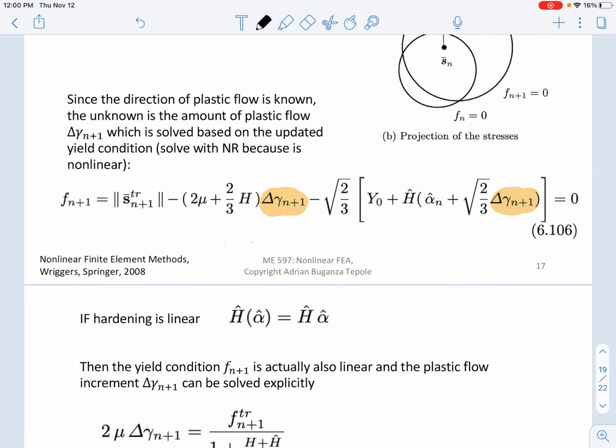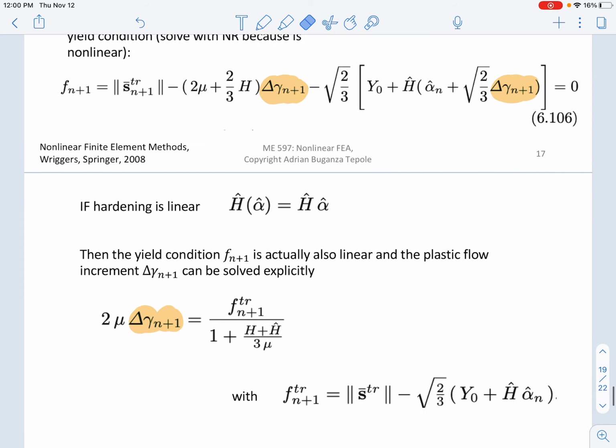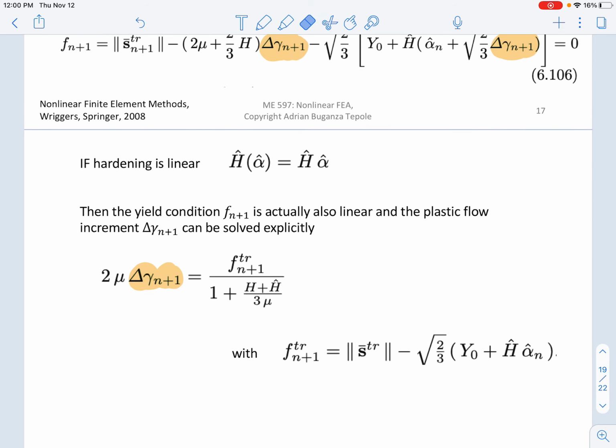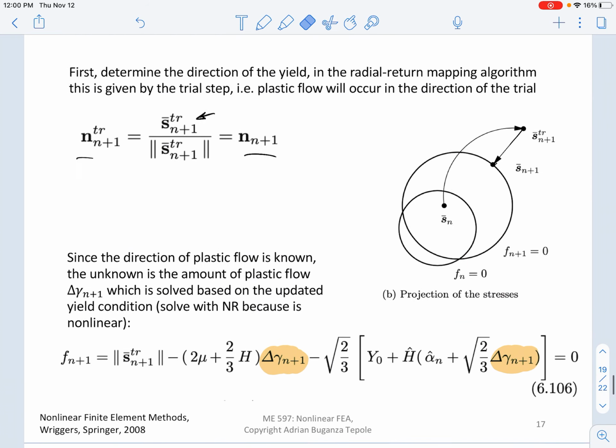And if hardening is linear, so there's no h right here, this might be some nonlinear function, but if it's a linear function, so if it's just a parameter times the alpha from before, then you don't even need to do a Newton-Raphson locally. Then you can directly solve for this plastic flow. No need to do Newton-Raphson iterations. So yeah, this one's a lot simpler.